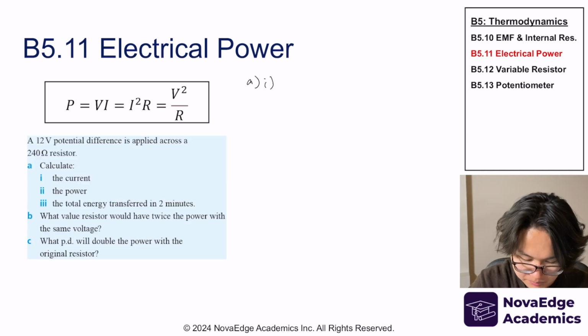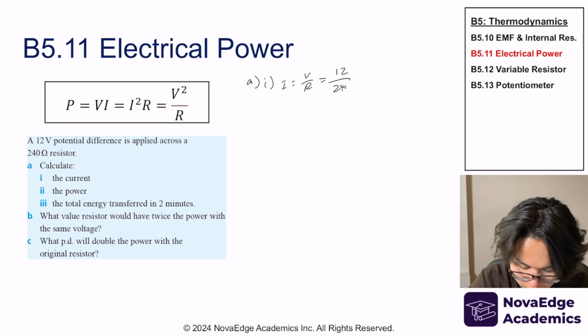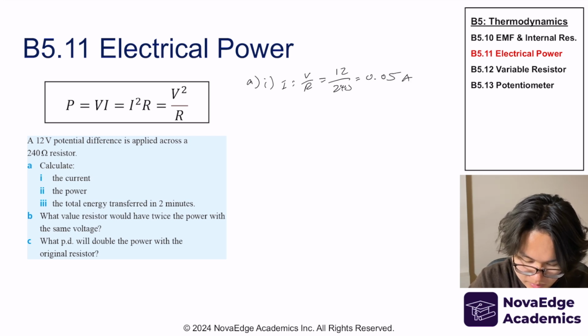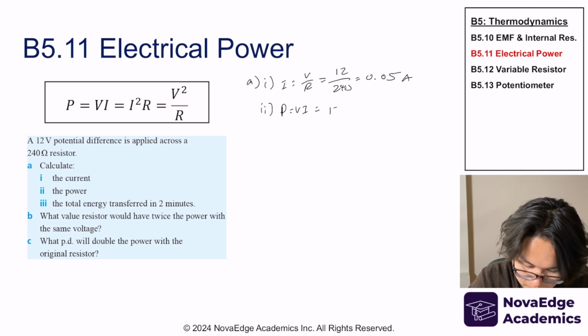All right, A, part 1, the current is equal to V over R, 12 over 240, which is 0.5. Sorry, 0.05. Okay, part 2, the power is equal to VI, 12 times 0.05, which is 0.6.